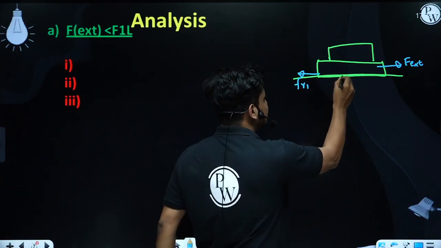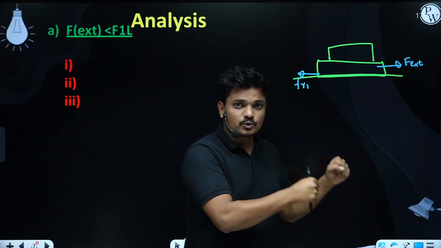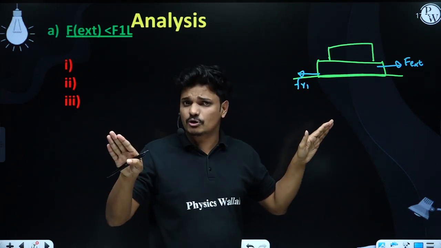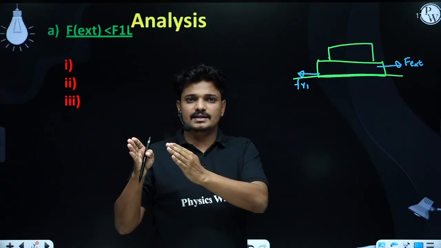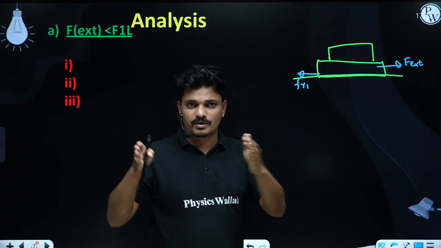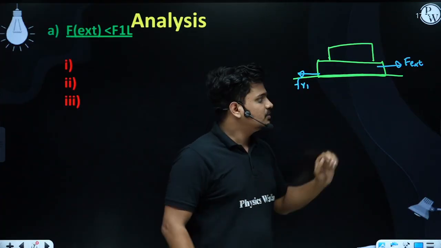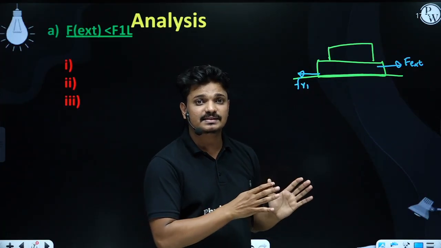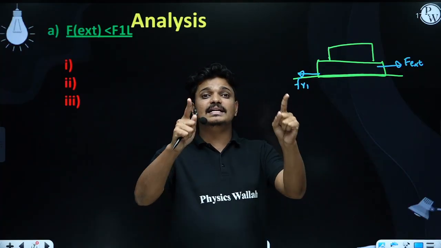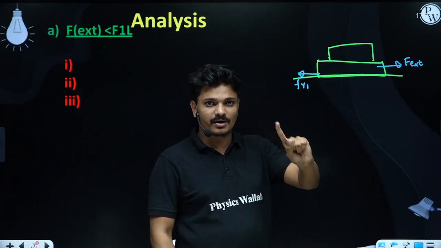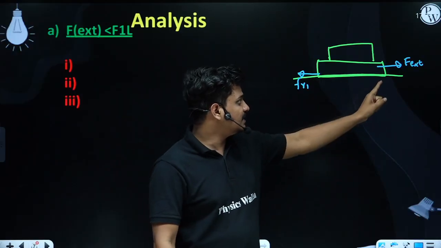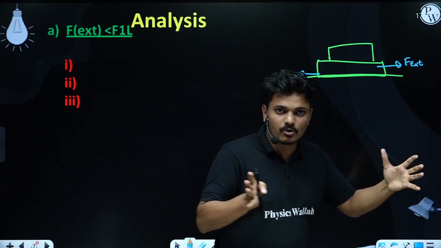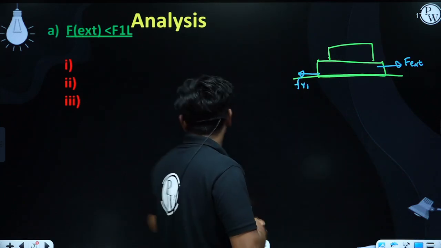In here, initially this is at rest, so it tries to resist this motion. But Fr1 is not a constant value; Fr1 has a range of value from 0 to a maximum value. So when F external is increasing, Fr1 can resist until it reaches that limiting value, F1L. If our F external is greater than F1L, this total block starts to slide over.